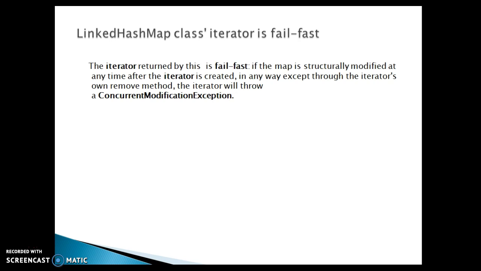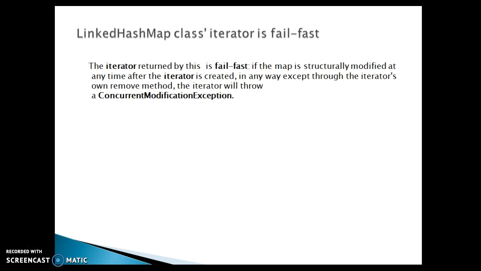It doesn't mean that you will get it only in a multi-threaded environment. Even if you are working in a single thread environment, and while iterating your map you try to add or remove any elements in the underlying hash map, then this will throw ConcurrentModificationException, except through the iterator's own method, right.